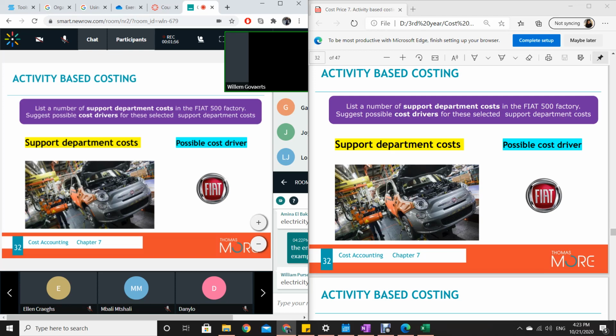So how should you divide the overall quality costs over your cars? Indirect labor hours. Simple is, of course, the number of cars. But sometimes you can have much more quality checking to do for one car than for another. And so here we have to find a good cost driver.